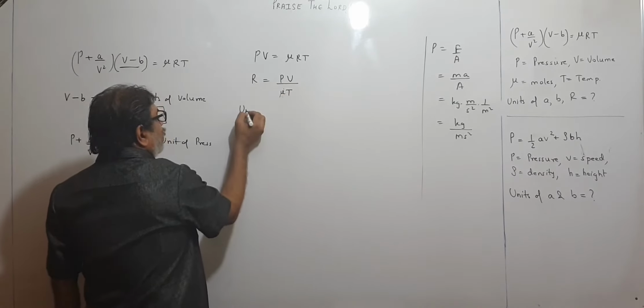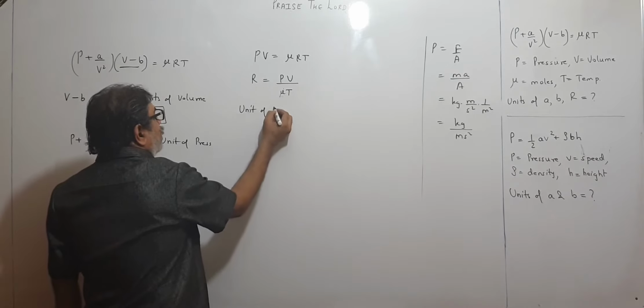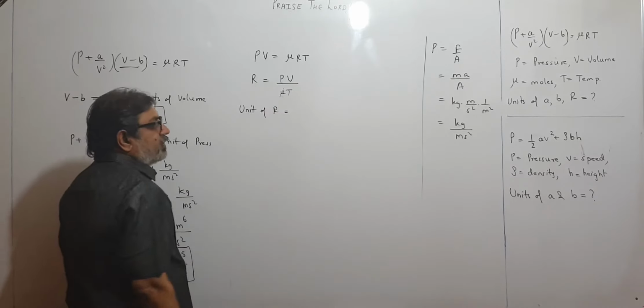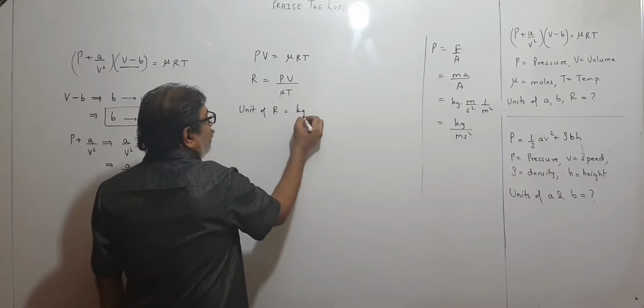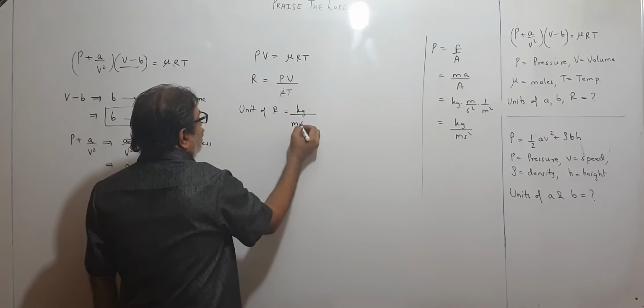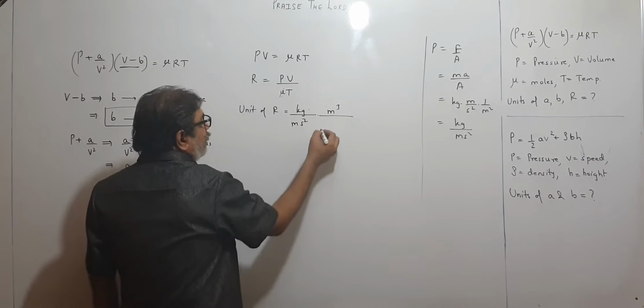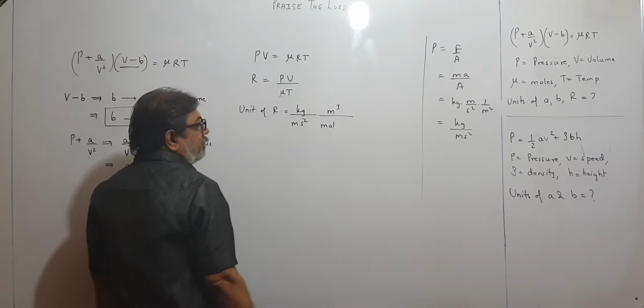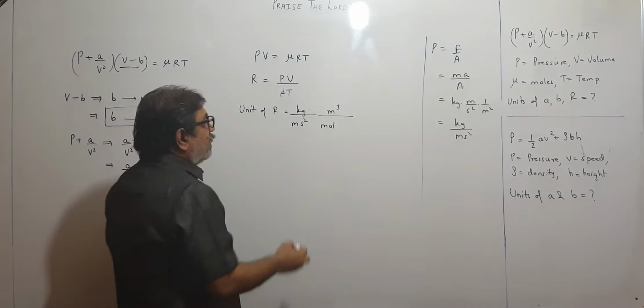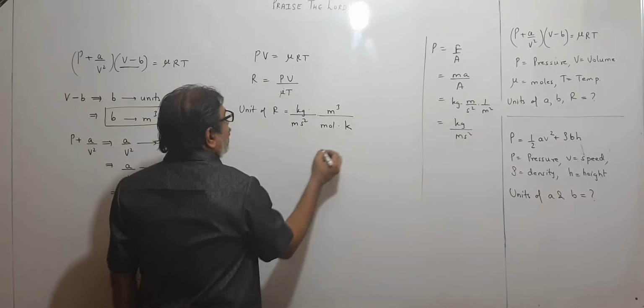Now the unit of R will be the unit of pressure, that is kg upon meter second square, times volume, meter cube, divided by μ, the number of moles, mol, this is the symbol for mole, and temperature means Kelvin.